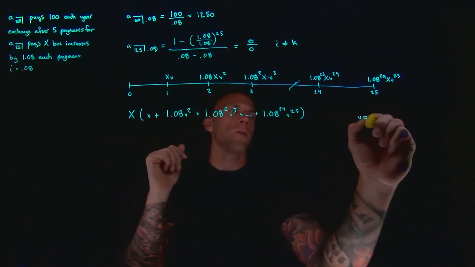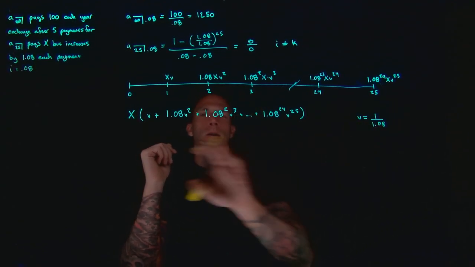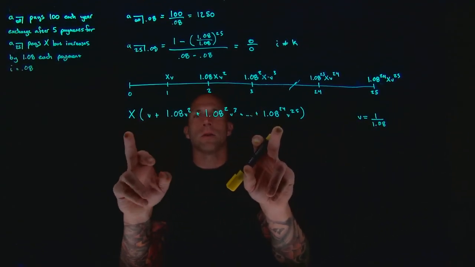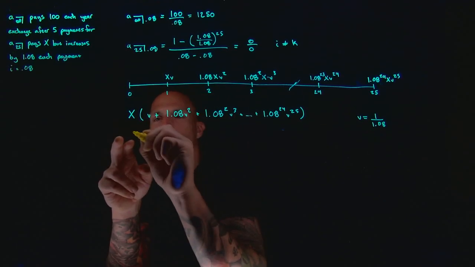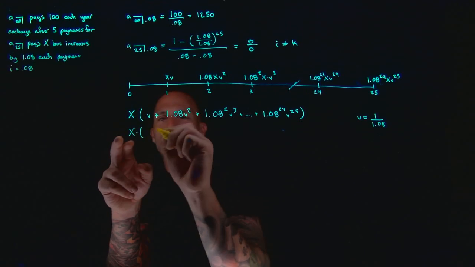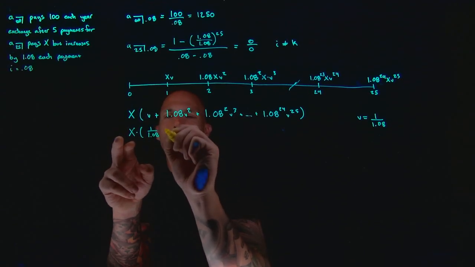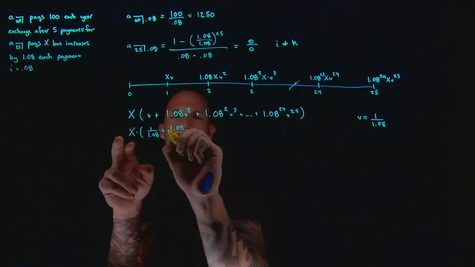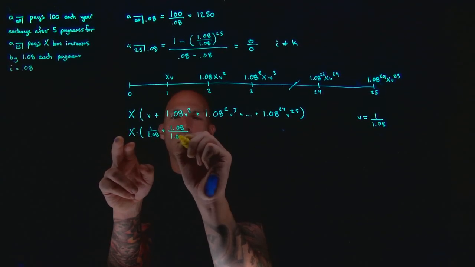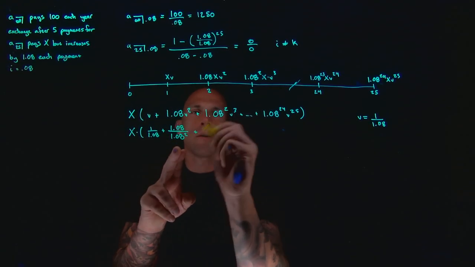That's our present value factor, which is just the reciprocal of 1.08. So let's rewrite this series of payments with v represented as a numerical value. We have x times the reciprocal of 1.08 plus 1.08 times the reciprocal of 1.08 squared.